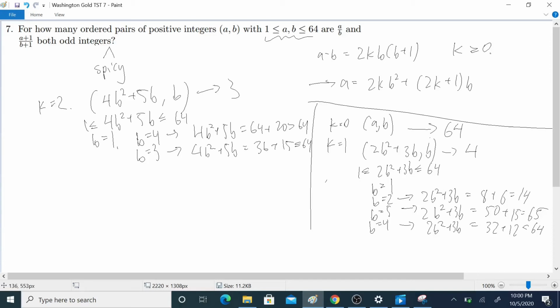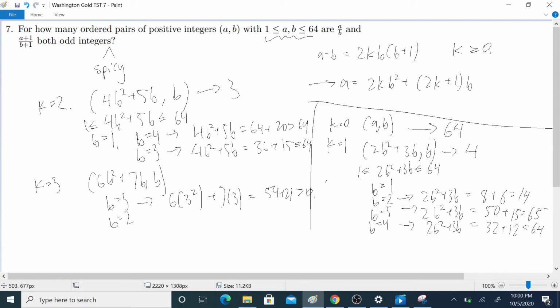Now what about k equals 3? We get 6b squared plus 7b, comma b. Again, we try the upper bound of b equals 3. So we get 6 times 3 squared plus 7 times 3, which is 54 plus 21, which is too big.